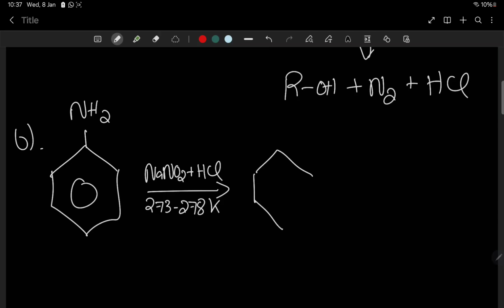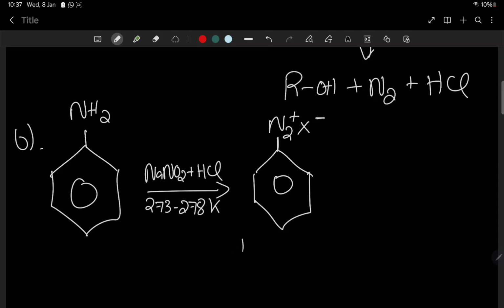I will get a diazonium salt. We learned similar reactions in the first chapter, with haloarenes, and in alcohols and phenols, and now in amines also. Very special reaction, right? So ArNH2 gives ArN2+ X-.